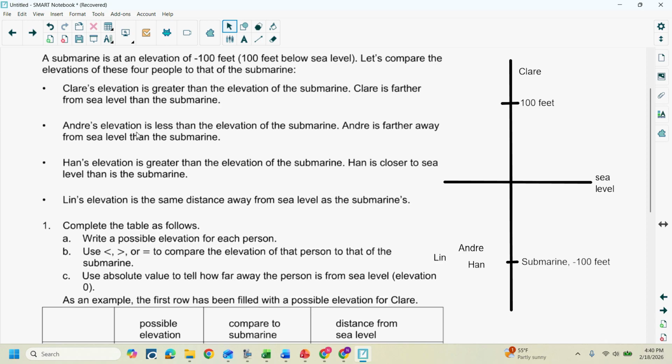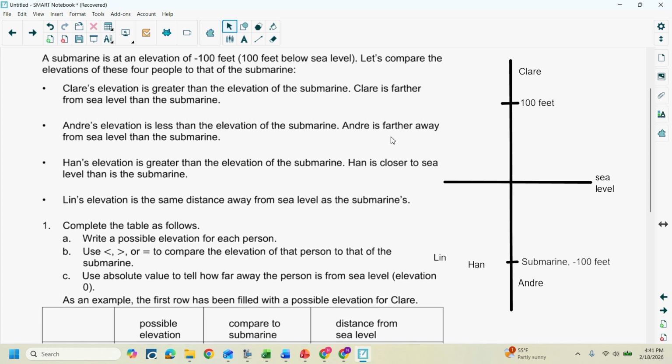Now, Andre's elevation is less than the elevation of the submarine, and Andre is farther away from sea level than the submarine. Well, so if Andre is less than the submarine, if their elevation is less, then that means they are down here below the submarine. And since they're farther away from sea level, the distance from Andre to sea level is greater.